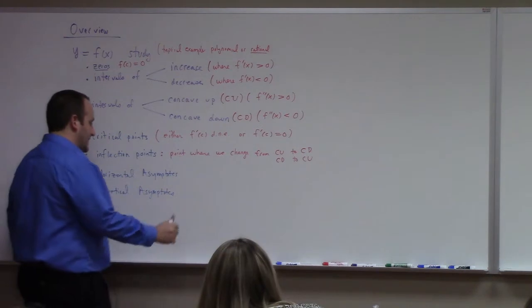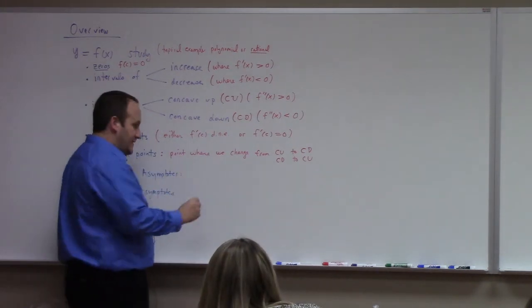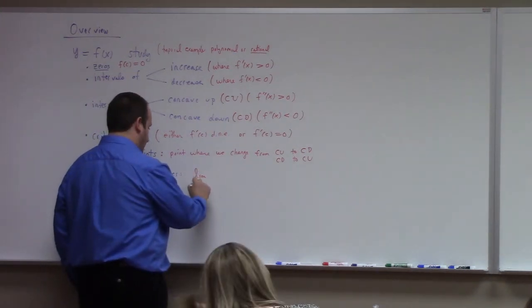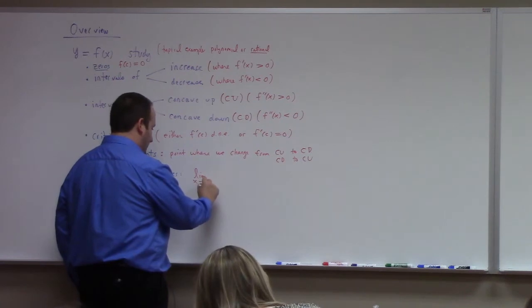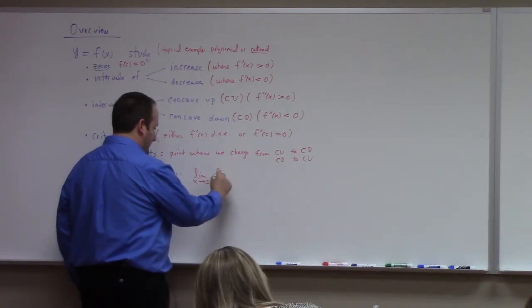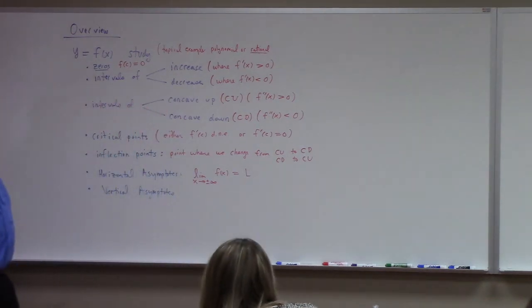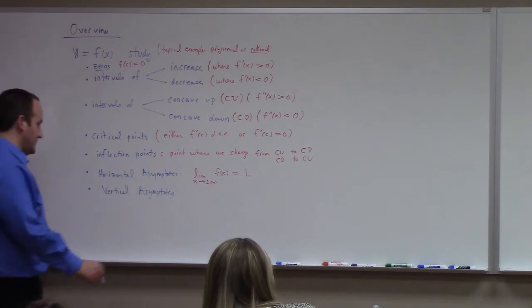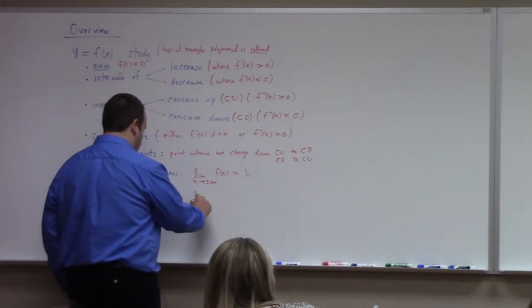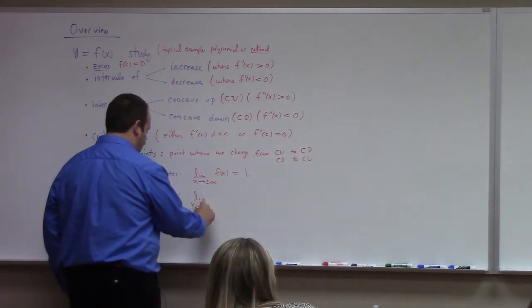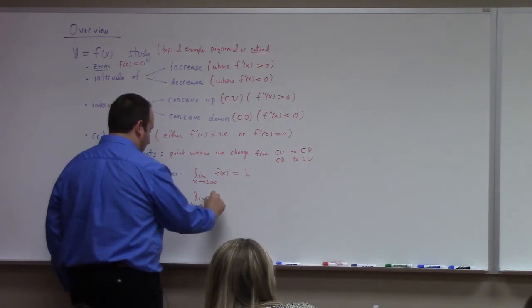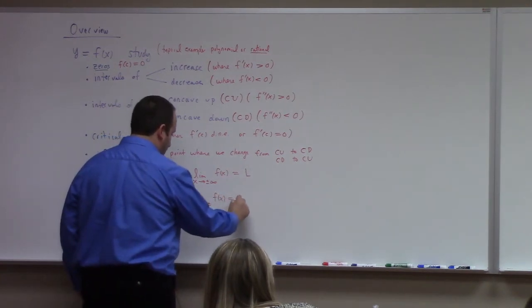Horizontal asymptote, what's that? It's something like the limit as x goes to either infinity or minus infinity of f of x is equal to some constant L. That's a horizontal asymptote, right? Vertical asymptote, what's that? The limit as x goes to, say, a from the left or from the right, whatever, of f of x is equal to infinity.